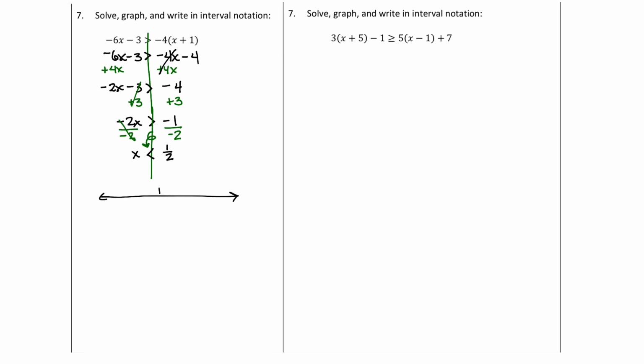So at 1/2, it's going to be an open circle, and it's going to be shaded to the left. And interval notation starts at negative infinity, so parentheses, and then it goes to positive 1/2 with an open circle.